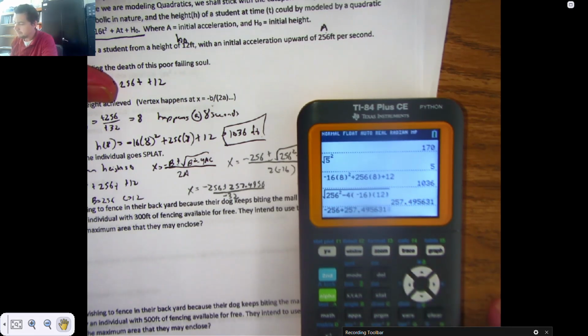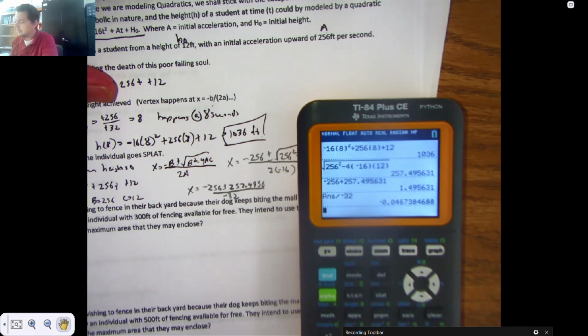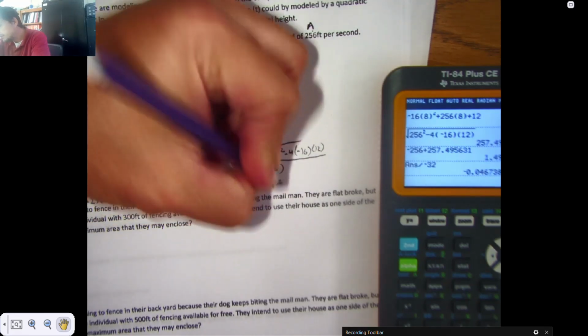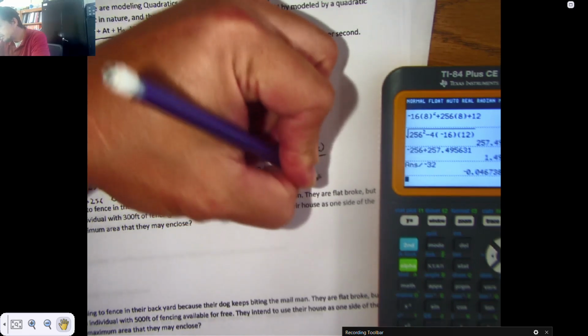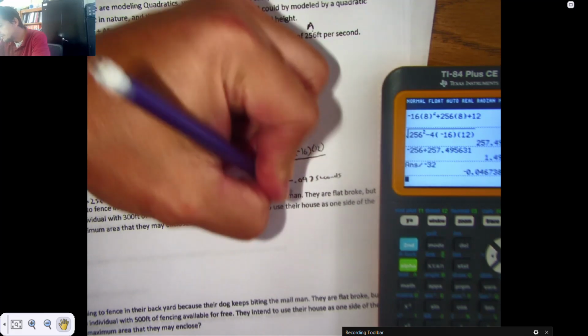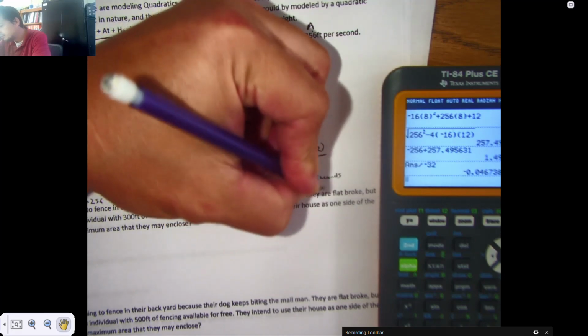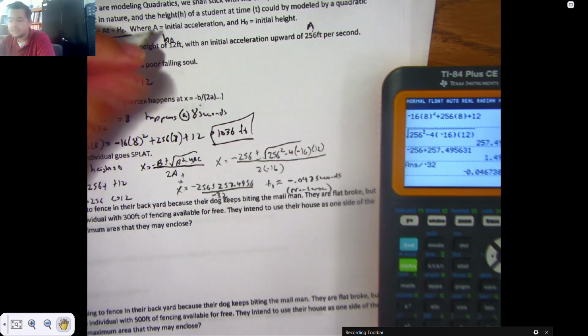I'm going to press enter, divide it by negative 32, and I get that x, in this case it's actually t. One of my times is about negative 0.047 seconds, which is obviously nonsense, right? It's an extraneous solution.